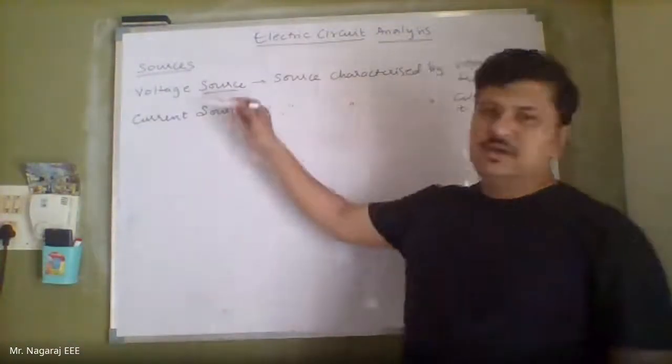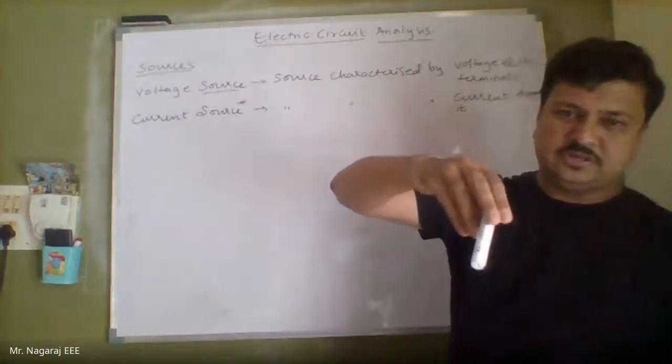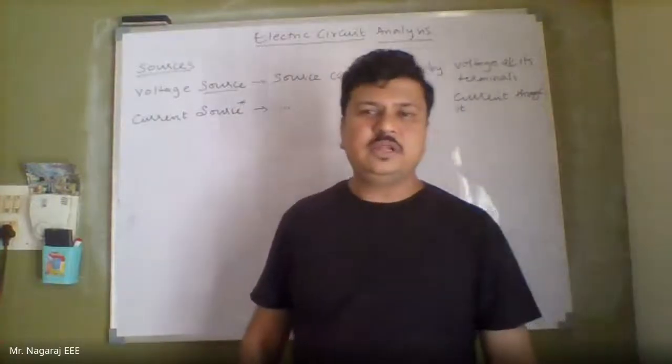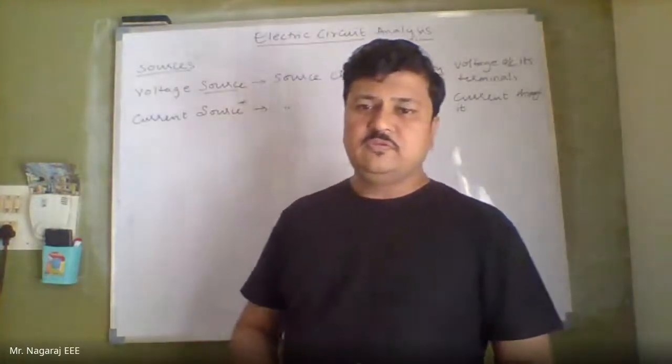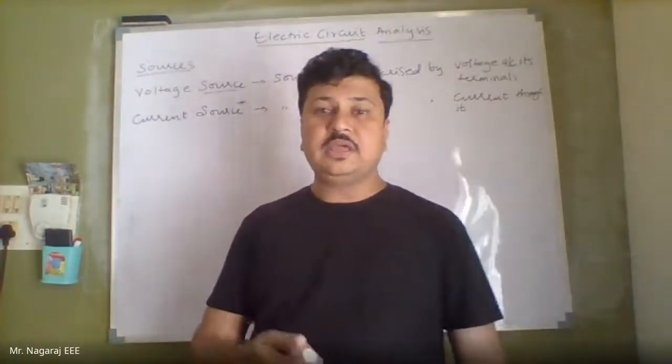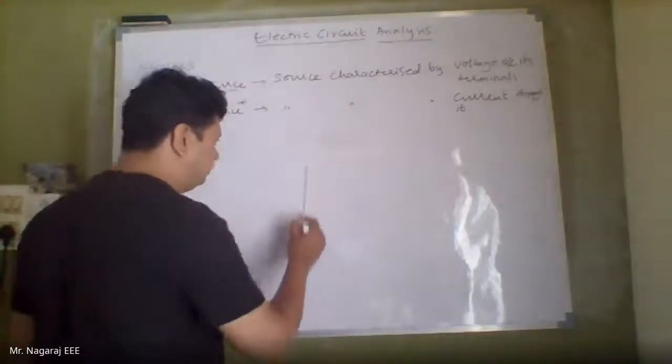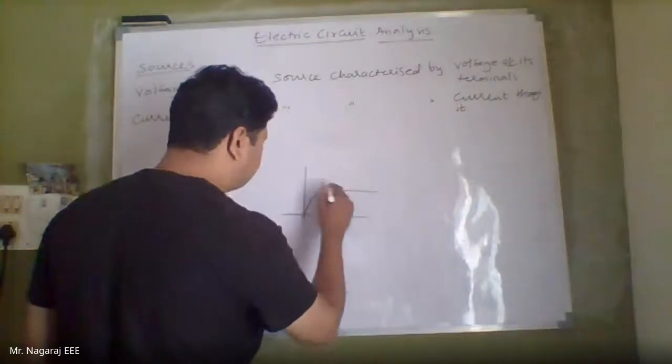If you remember the transistor operation, when the transistor is operating in the active region, we say the transistor is operating like a current source. Because if you see the VI characteristics of a transistor, it will be like this.